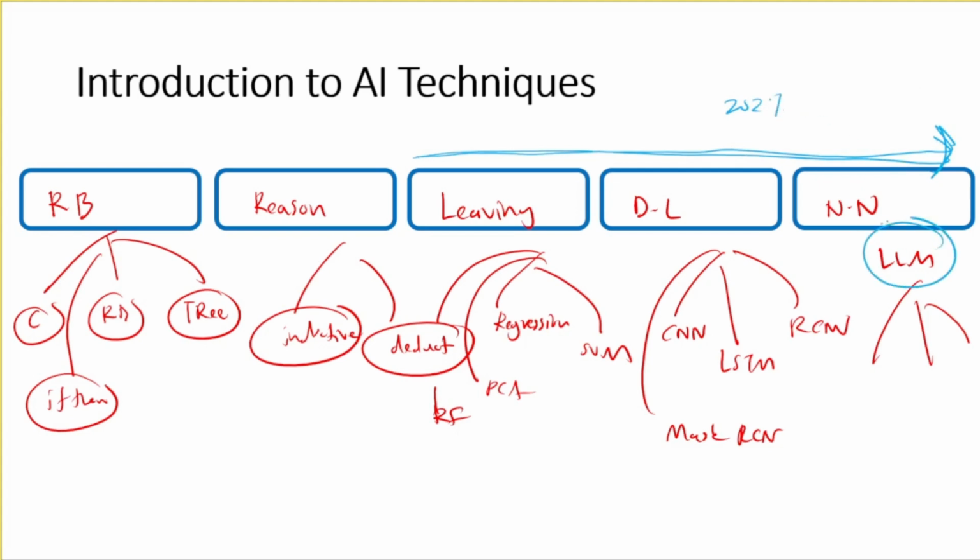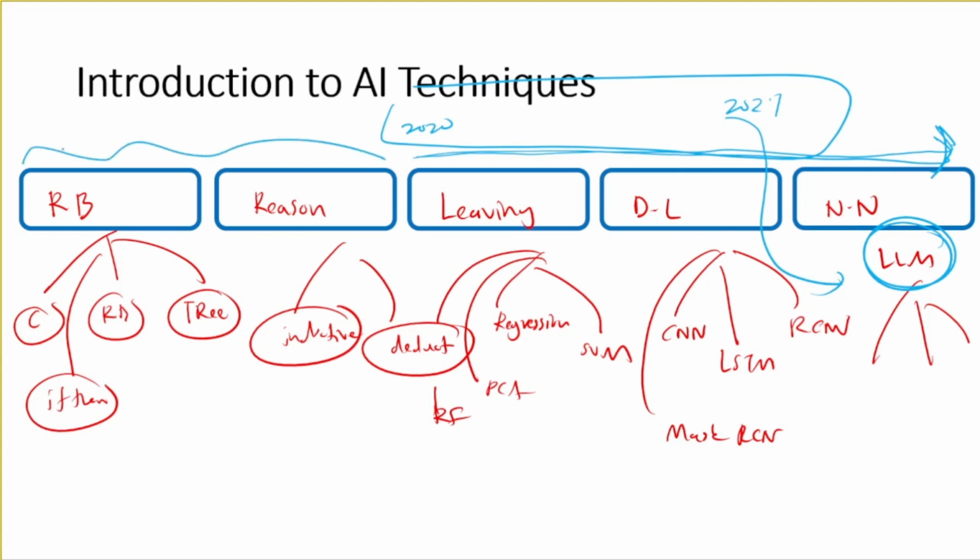So nowadays too, people are trying to understand the LLM basis. And recently, I think 2020 to 2027 will be okay with learning, DL and NN. So from 2027, we should move to another angle of stairs. So I think this one is done, 2000 to 2020.